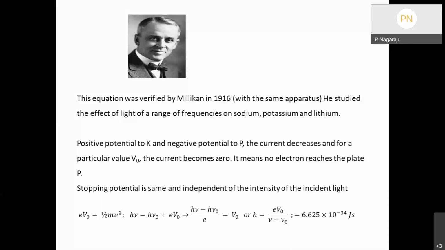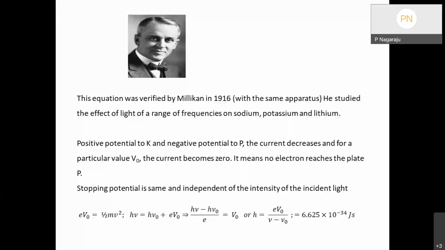Even though he did the experiment, with positive potential, then negative potential, everything that was done previously for the photoelectric experiment, he found that the equation given by Einstein was correct.